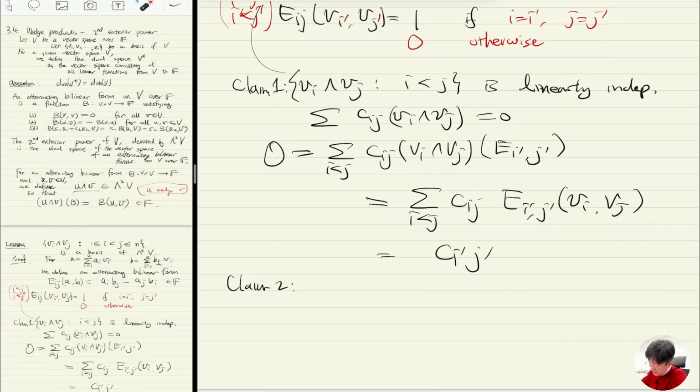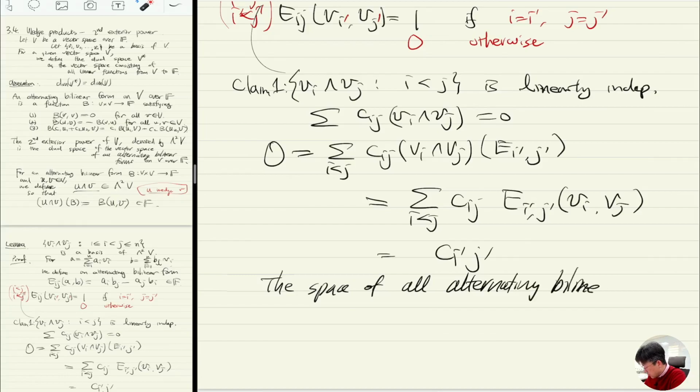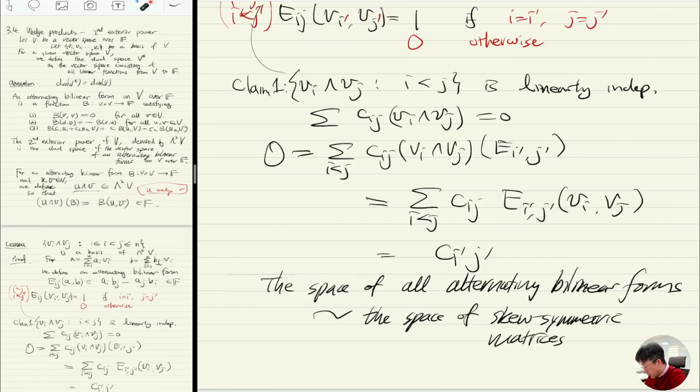Well, the space of all alternating bilinear forms is the same as the space of skew symmetric n by n matrices, and the dimension of this is what? n choose 2, right?